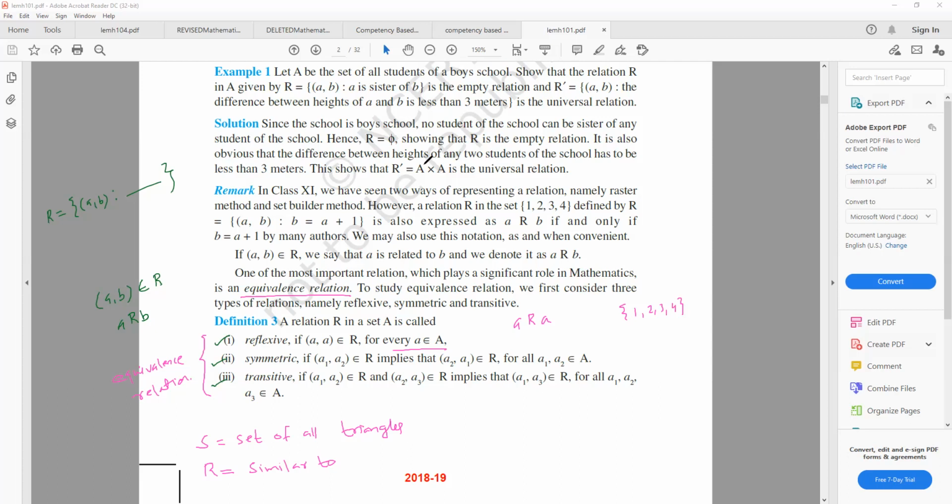So reflexive means that for every element in that set, the pair (A, A) should be in the relation. That means that element should be related to itself.